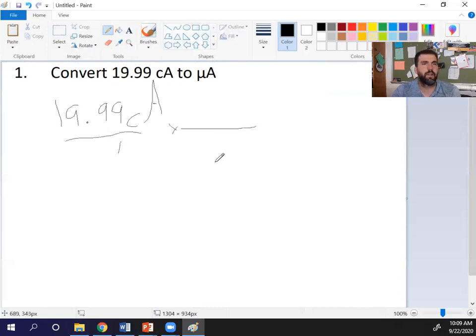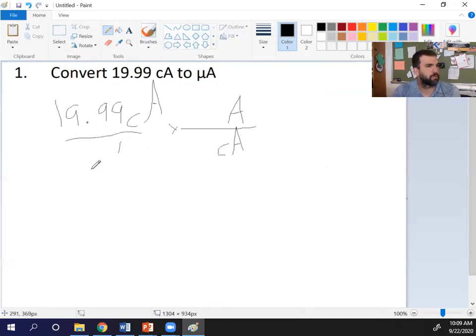What's going on the bottom of this next fraction? Centiamps. What's going on the top of it? What unit's going on the top of it? The microamps. Always, you got to go to the base unit first, okay?